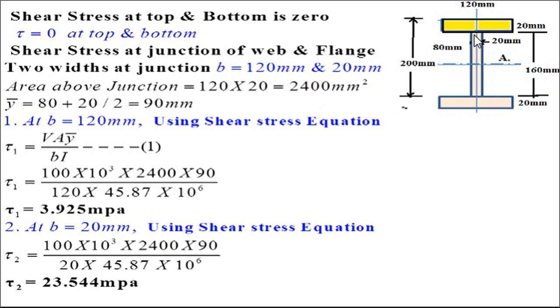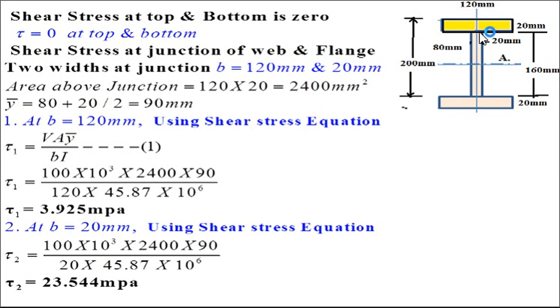Because in any structure, a joint is the weaker link. Structure always fails at joints. That's why the joint of web and flange must be very strong, so you have to calculate what shear stress is present at this particular location.